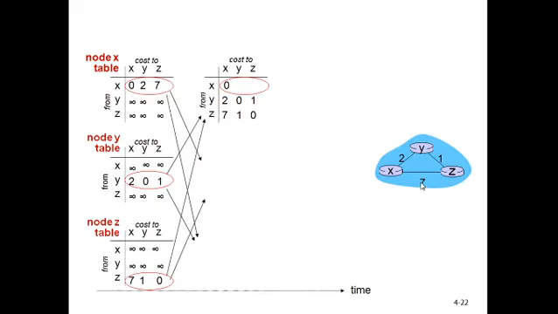So how you will proceed with the algorithm is, first of all, the nodes have their personal information, and that personal information is nothing but the cost to their directly connected neighbors.